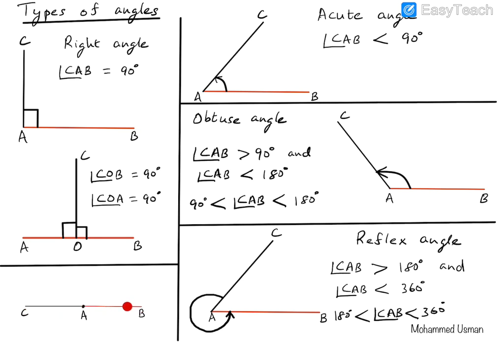Okay, they form as if they are a straight line, CAB. So the angle here, CAB, is exactly equal to 180 degrees. Angle CAB is equal to 180 degrees, and we call this angle a straight angle.